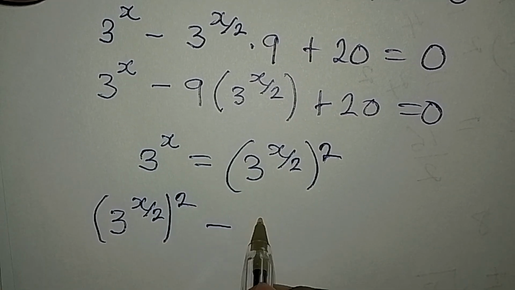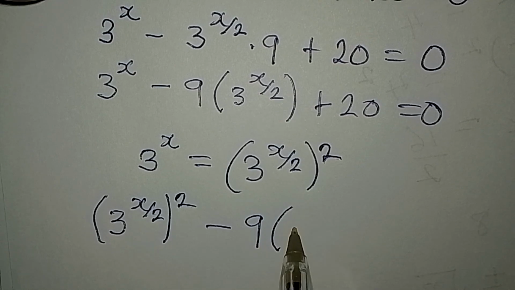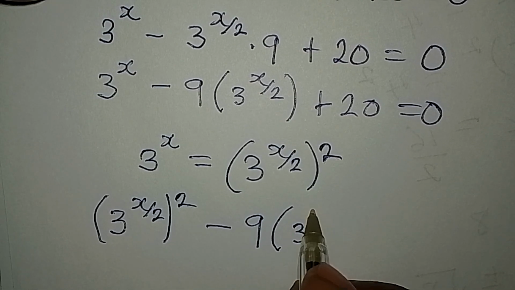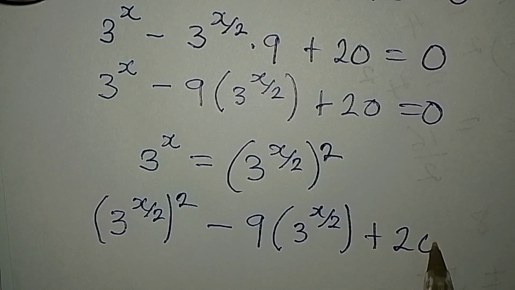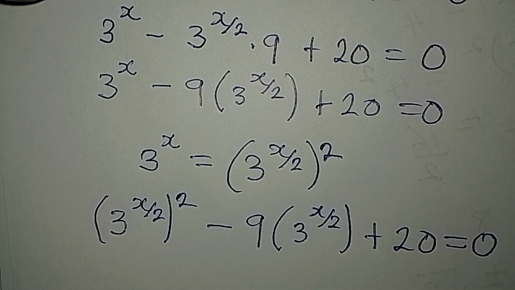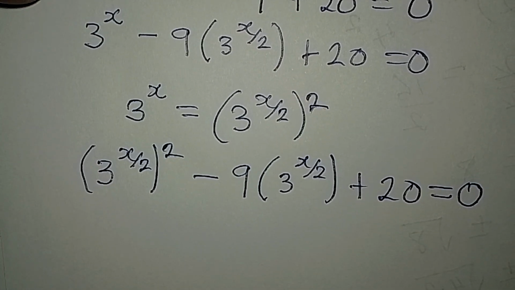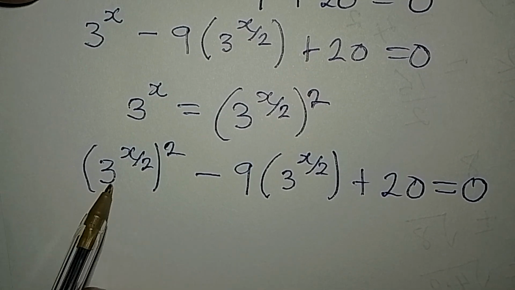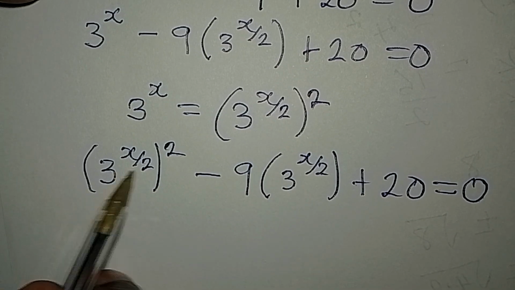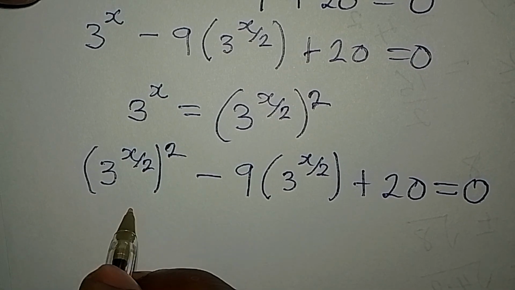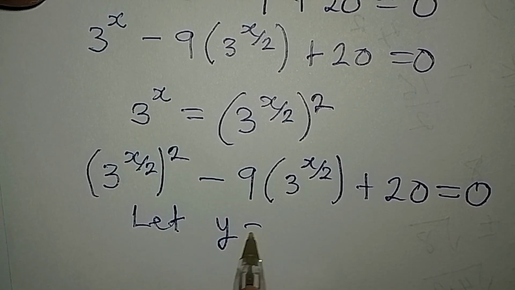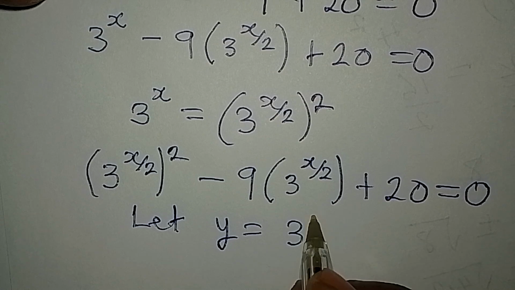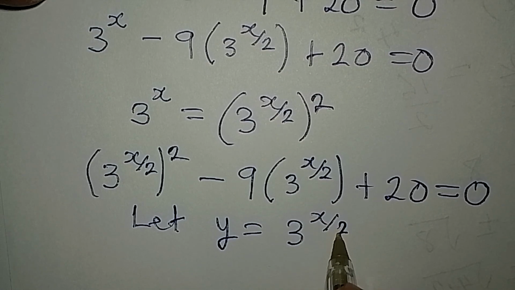Then we have minus 9 into bracket 3 to the power of x over 2. Then we have plus 20, and this is equal to 0. Now, what can we see? We have this in two places. So we will let a letter represent that. So let y be equal to 3 to the power of x over 2.